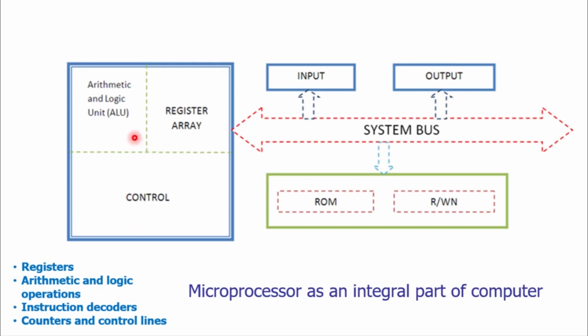What operations is it carrying out? It is carrying out the algebraic operations as well as the logic operations. The algebraic operations are addition and subtraction, and the logic operations are AND, OR. The input-output devices are called the peripherals.